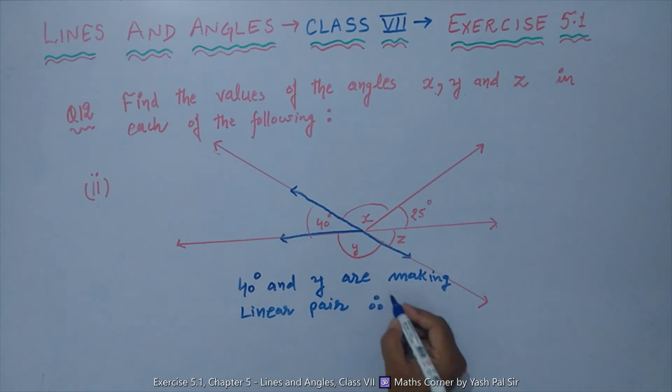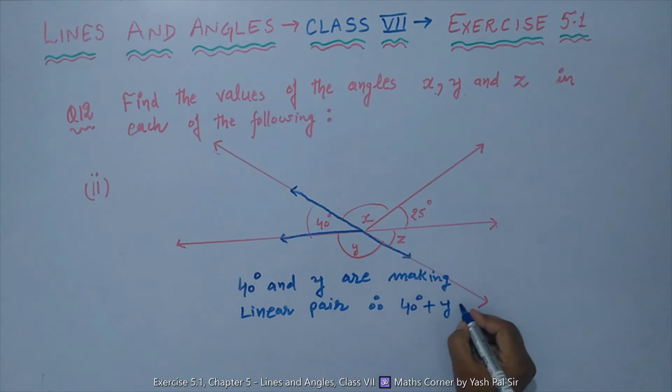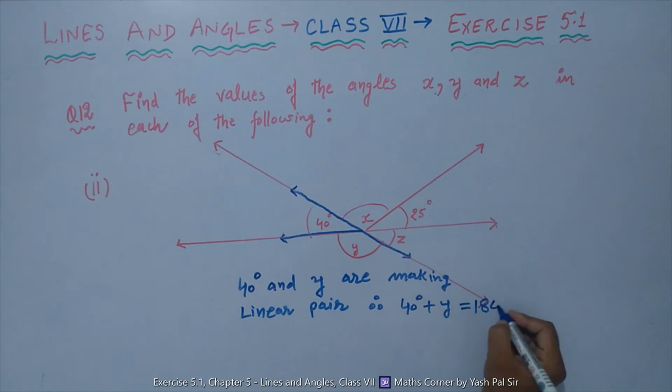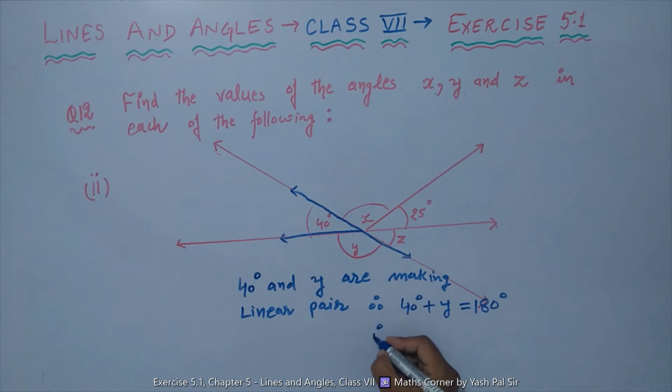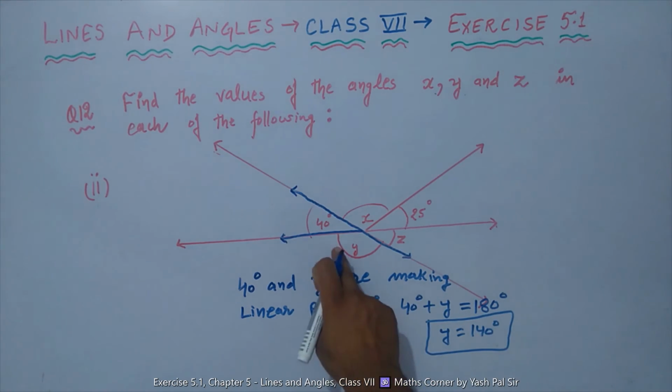So the sum of these two angles, 40 degree plus y is equal to 180 degree. So from here y is equal to 140 degree. So one value is obtained, y.